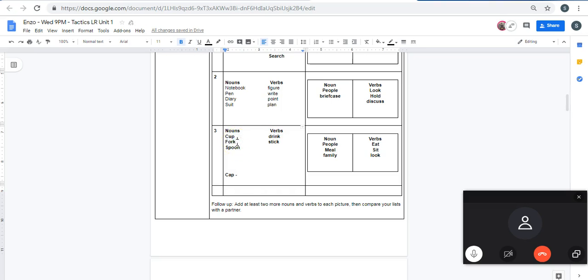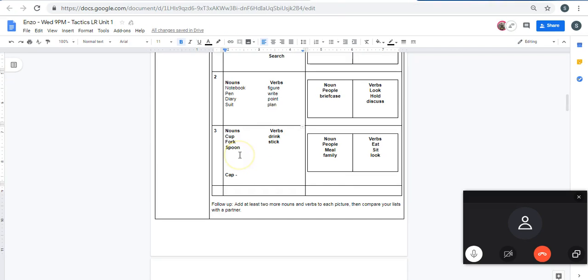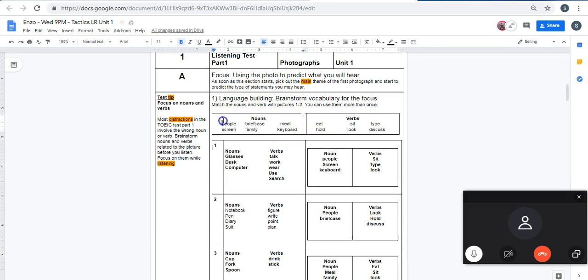We have fork, good. Spoon, okay. We could also have discuss. Is it discuss? But the word discuss is already given here.